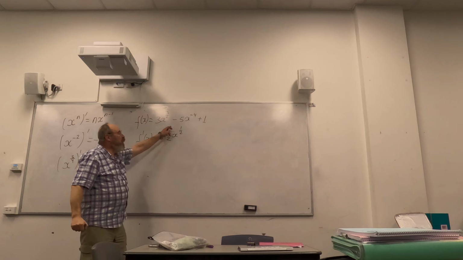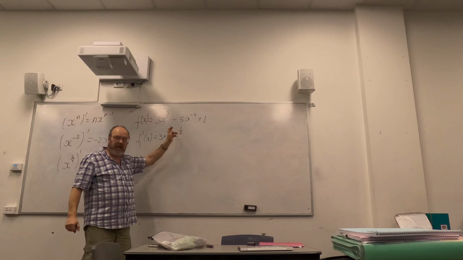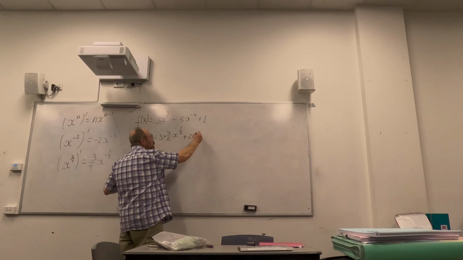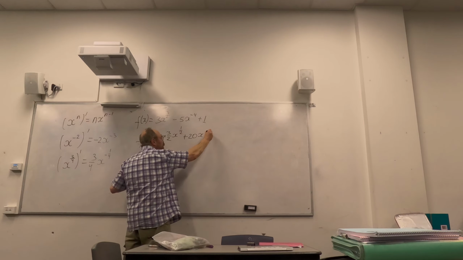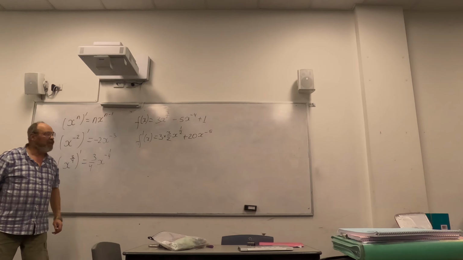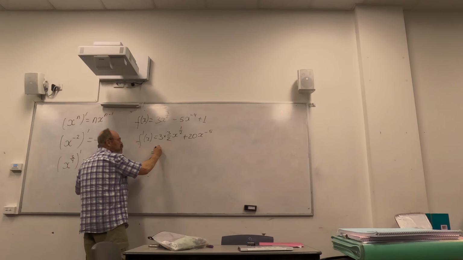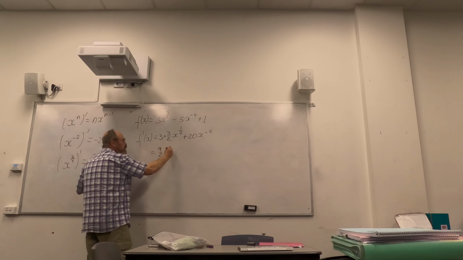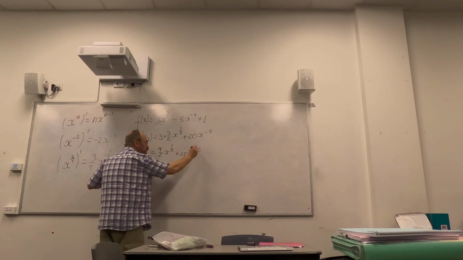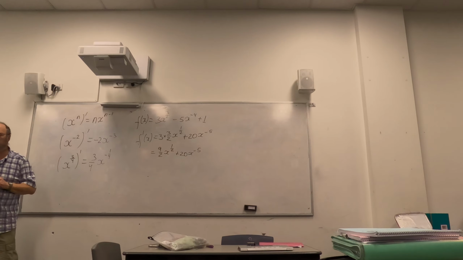Now, minus 5, but we will have minus 4 coming out. Negative times negative is positive. So we'll have plus 20, x to the negative 5. And what will be the derivative of 1? 0. So simplifying this, 9 on 2, x to the power 1/2 plus 20, x to the negative 5. Everyone fine with that? Yeah.